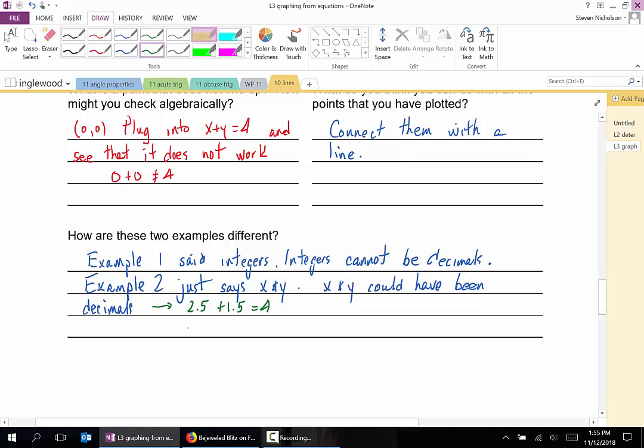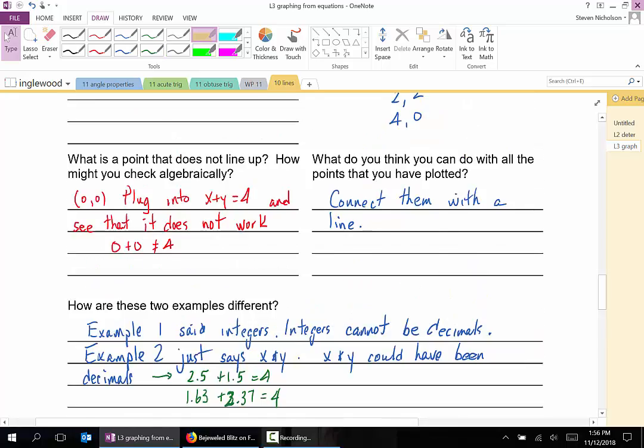So let me give you a really not nice one. 1.63 plus 2.37 equals 4. But could you try to imagine plotting those points? So again, one of the things that we are going to focus on is we are only going to plot with nice points, and those are the only ones I'm going to accept. No decimals, no fractions. Let's make our life easy.